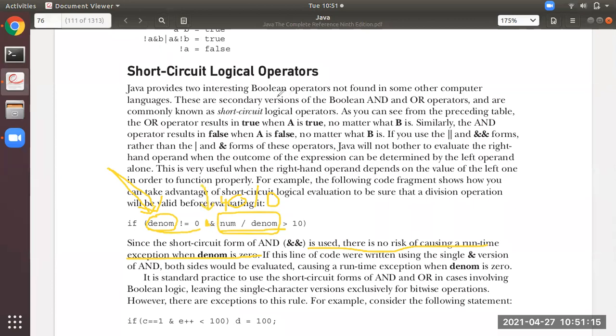The advantage with double ampersand is that 0 not equal to 0 becomes false right there, so it will not divide 40 by 0. So there is no chance of causing a runtime error, that is, an exception. That is the advantage of this double AND.